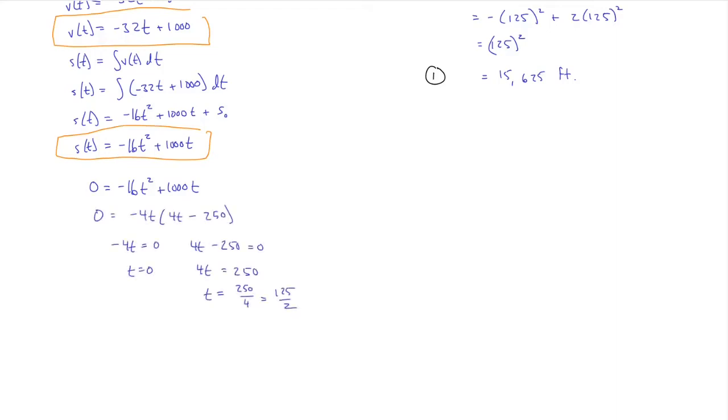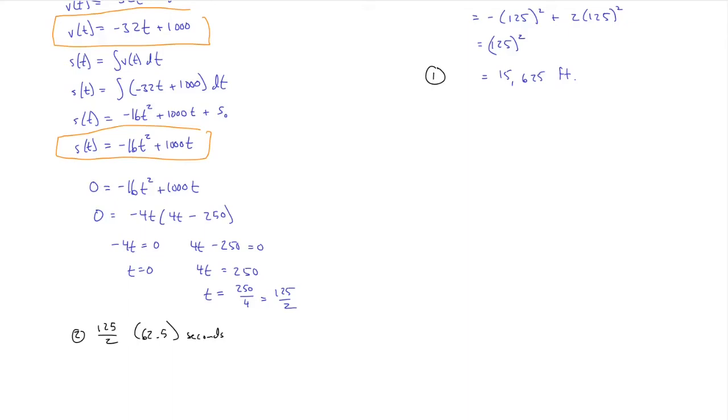When you do that, you factor and solve and get 2 answers. t equals 0 makes some sense: the bullet was on the ground at t equals 0, at the instant that we fired it. Not really the interesting point. The more interesting point is when t is equal to 125 halves, or 62.5 seconds. So that answers our second question. The bullet hits the ground after 62.5 seconds.